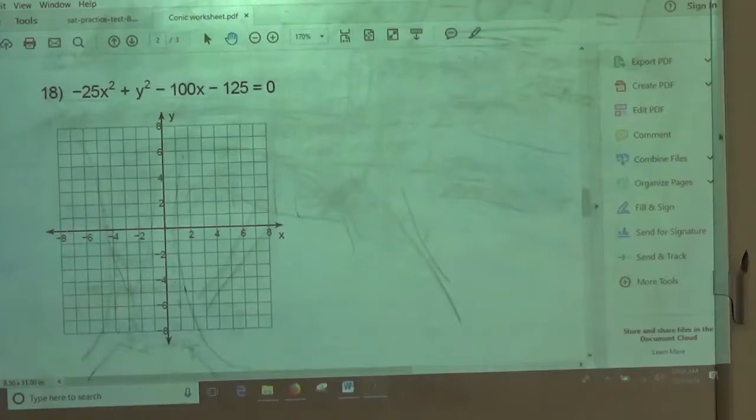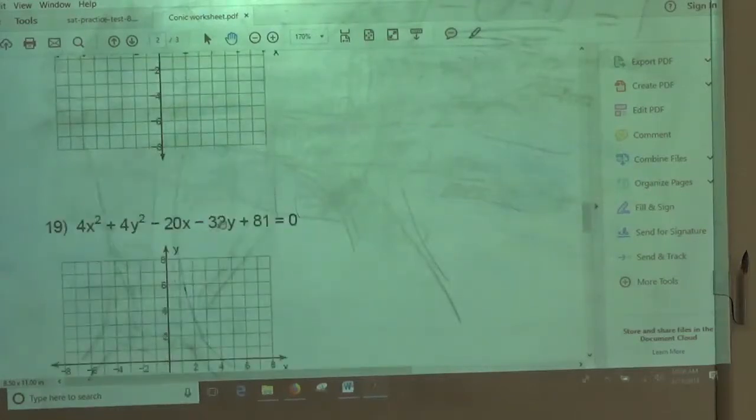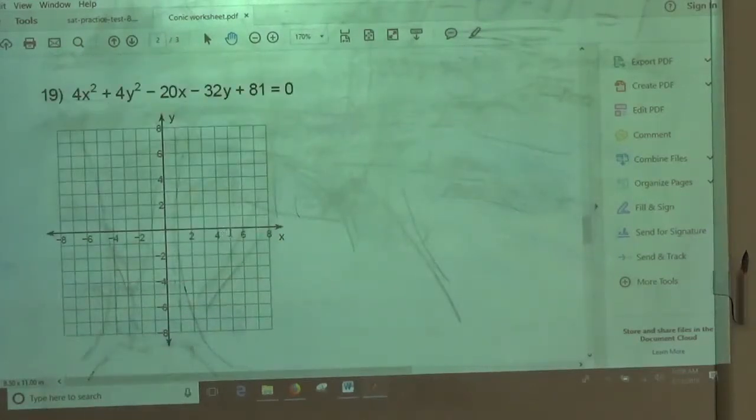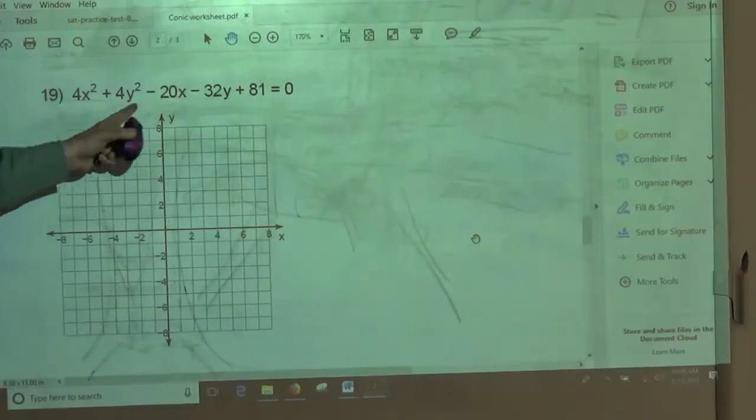All right, let's go to number 19. What do you see? Where the coefficients are the same as the top. The coefficients are the same, so what's it going to be? Circle. Okay. First thing I have to do is pull a 4 out.